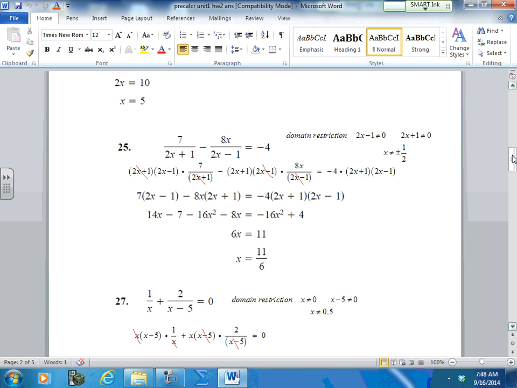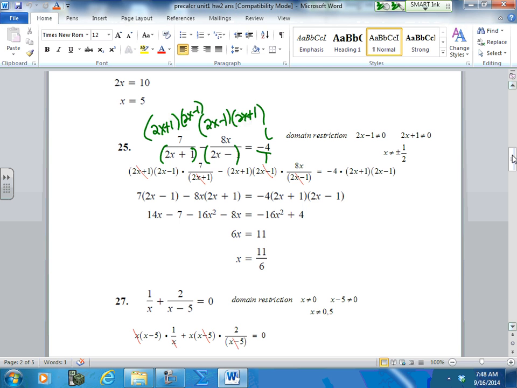Here's another one. Common denominator. I need this group. I need this group. Just say it that simple to yourself. I need this thing. I need this thing. There's my common denominator. Over every term, you put this. And the last guy.